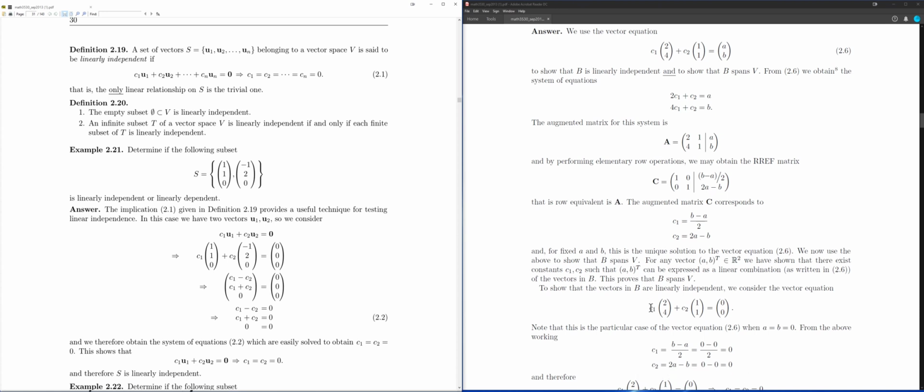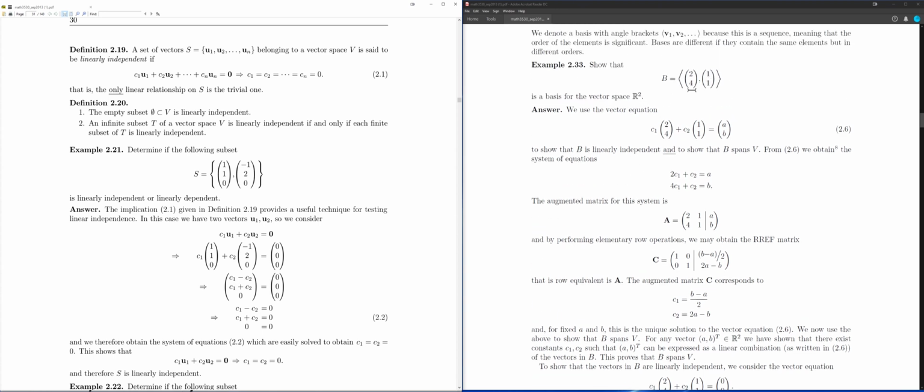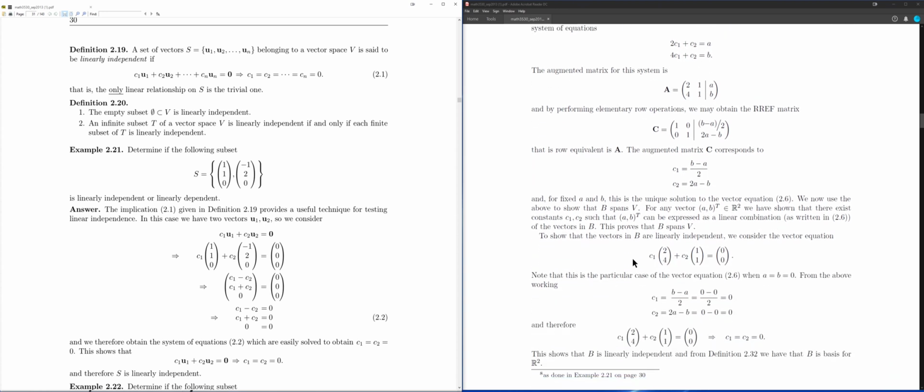If when you solve, you get a unique solution that C1 must be 0 and C2 must be 0, so your vector equation forces the C's to be 0, then that means that these vectors (2, 4) and (1, 1) are linearly independent.